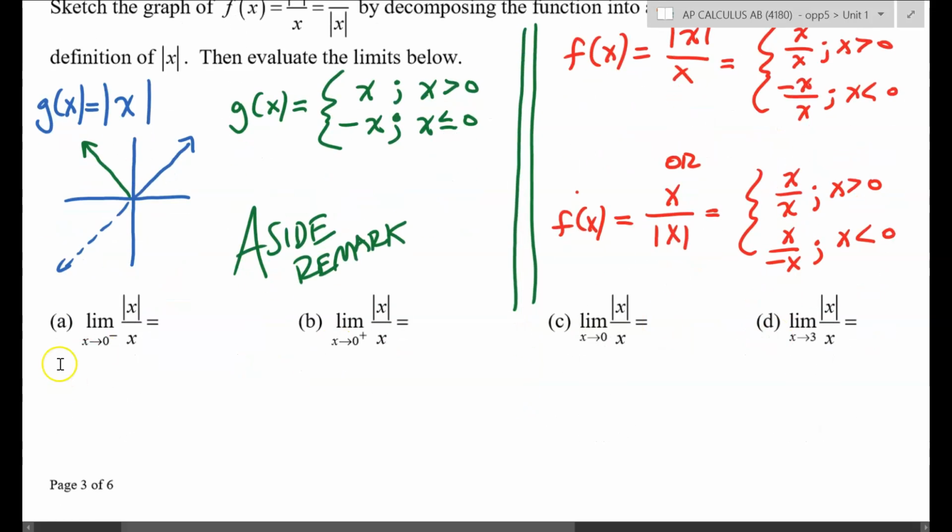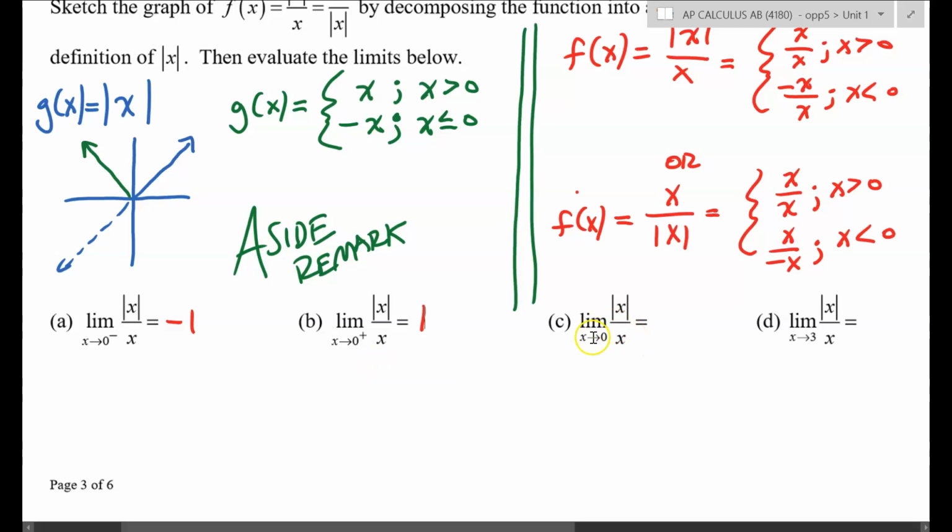All right, let's quickly answer these. If I go to 0 from the left, x is less than or greater than 0? Less than 0, right? So this has to equal x over negative x, which is the same as negative 1. What if I approach 0 from the right? Then it's going to be this rule, which is equal to positive 1.